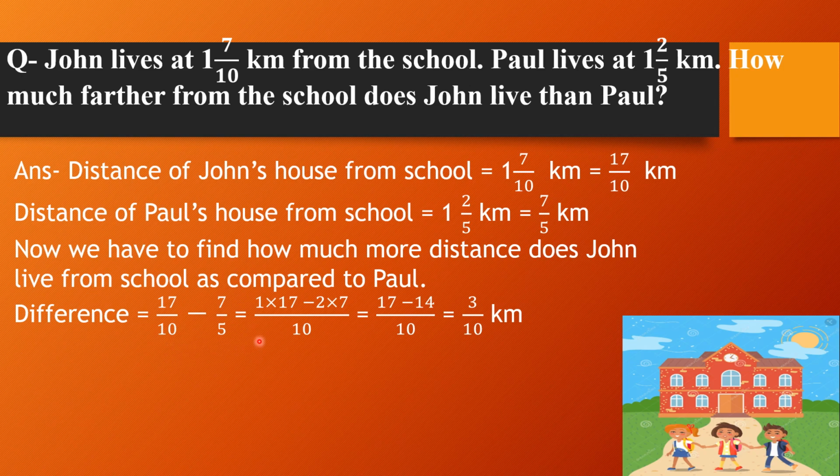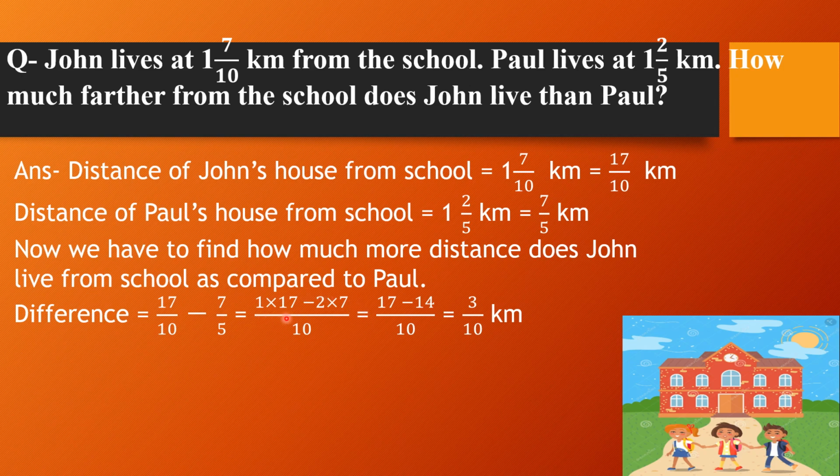Here the denominators are different, 10 and 5. So we will find the LCM of 10 and 5, and we know that the LCM of 10 and 5 is 10. So 10 is our new denominator. We will write 10 here, and then 10 ones are 10, so we will write 1 multiplied by the numerator 17, sign of subtraction, then 5 twos are 10, so we will write 2 here, multiplied by the numerator 7.